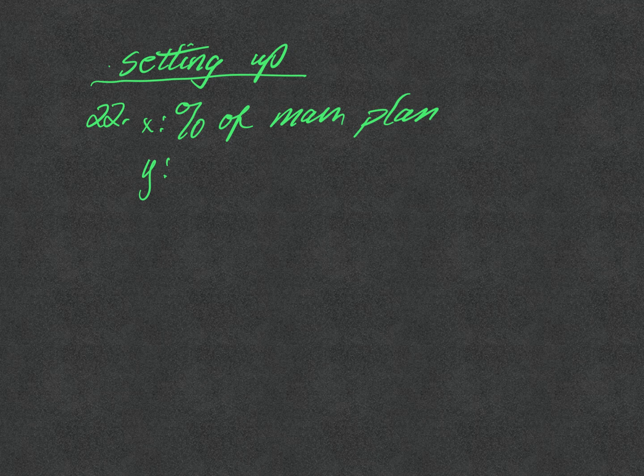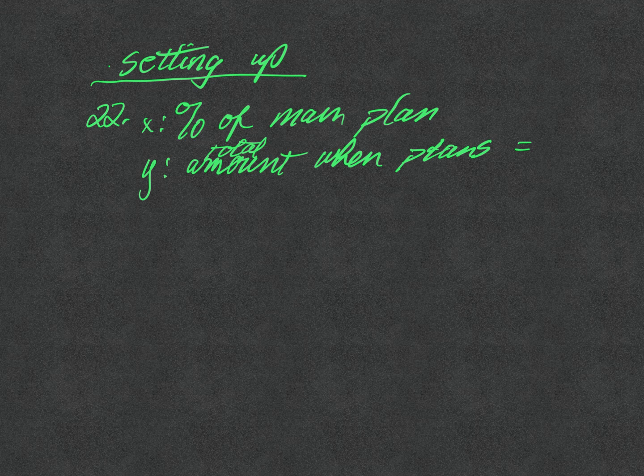Y is the amount when plans are equal. All right, or you could say the total amount spent on a plan. Either way, you could think of it that way.